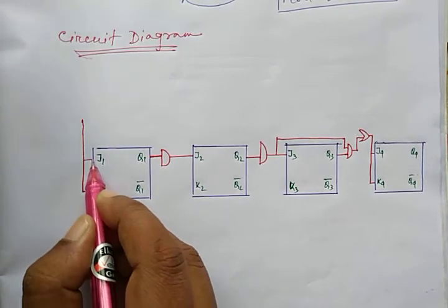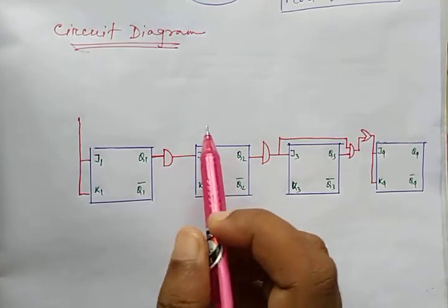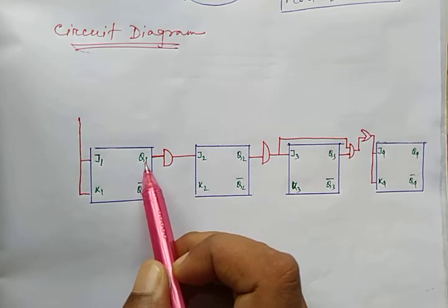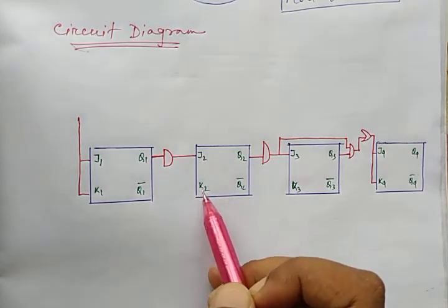So here it is connected as high logic 1, and in our simple synchronous up counter, the output of Q1 is fed as input in the next flip-flop J2 K2.